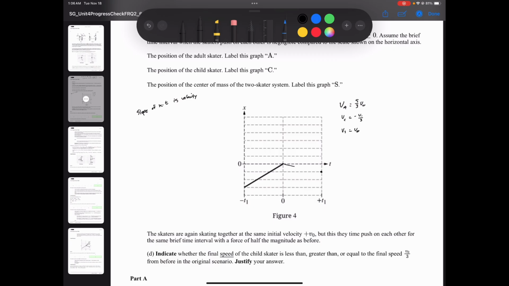So anyways, this is the position of the child with respect to time, so they asked us to label that as C. And then for the system, it's going to maintain the same slope, because the way you think of the entire system is you treat it as one large object. There are no external forces on the system.